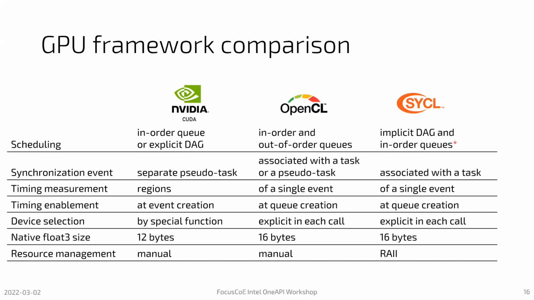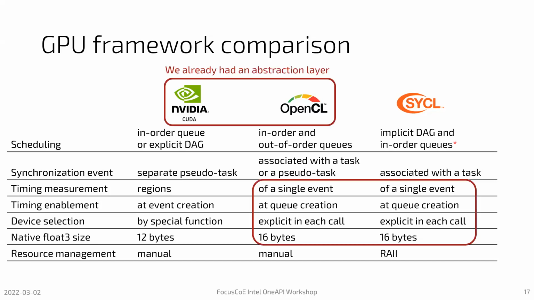For timings, again, it comes from the way synchronization is handled. In CUDA, you measure time between two different events. In OpenCL, you measure the time of a task associated with the event. But for that, as well as the way timing enablement and device selection are handled, we already had an abstraction layer. So we already had our code engineered, sometimes a bit clunkily, in a way that we can handle timings both for the region approach and for the single event approach.